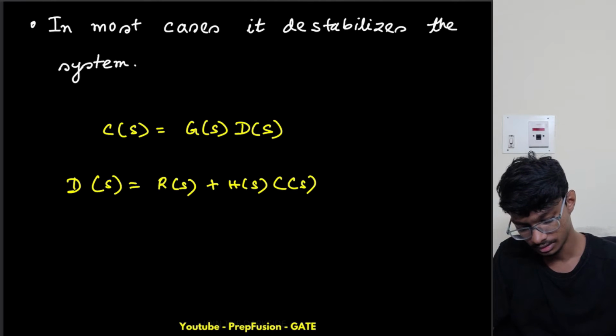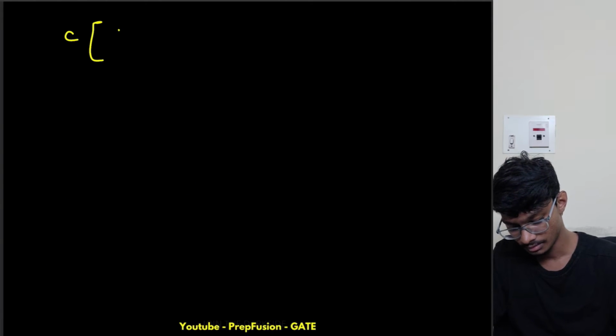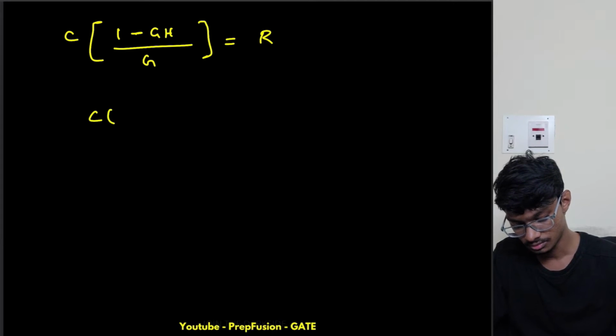Now simply again I will do the same thing. C upon G equals R plus H times C. This time the only difference is, here we have minus GH by G equals R. So instead of plus, we'll get a minus sign.